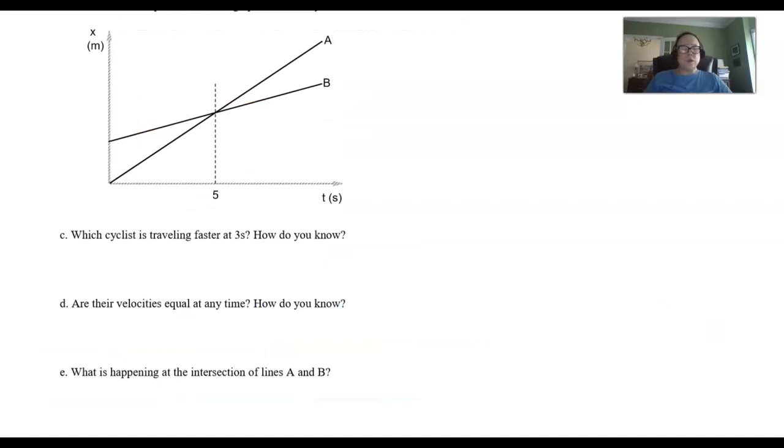So which one of the cyclists is traveling faster at time 3 seconds? Well, if I just read coordinates off of the graph, I'm going to get position and time. So I have to look at something else to get an idea of how fast, and I think that's related to the slope.